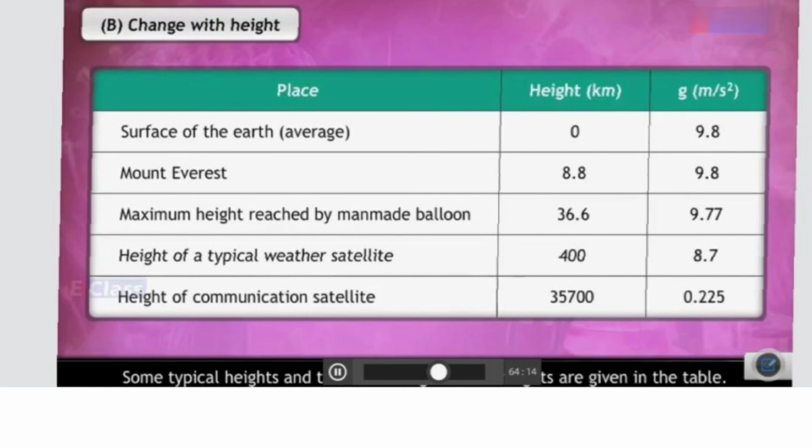And if we'll consider the communication satellite, which is very far, 35,700 kilometers away, then it comes in 0 point something, that is 0.225. If it goes further away, then the satellite will escape from the gravitational force. Just you can say it is at the very top, where you have a force of attraction due to gravity.